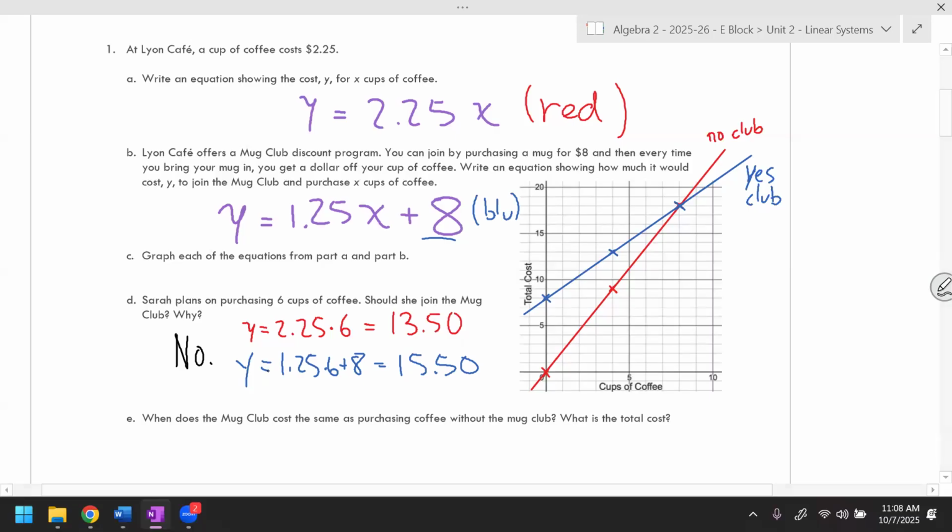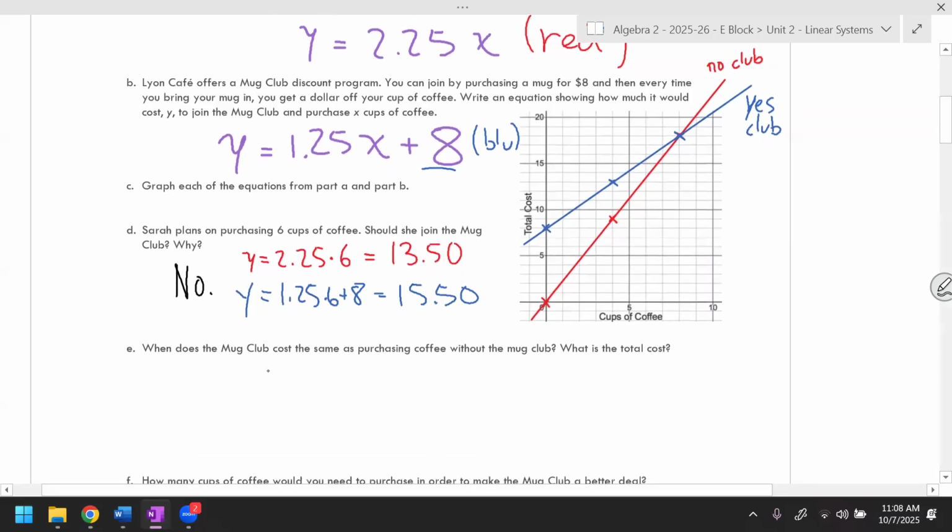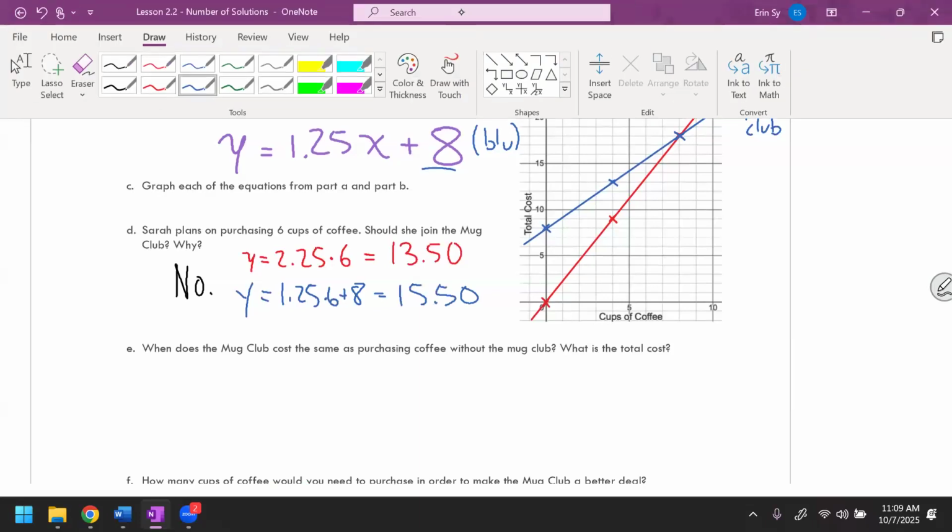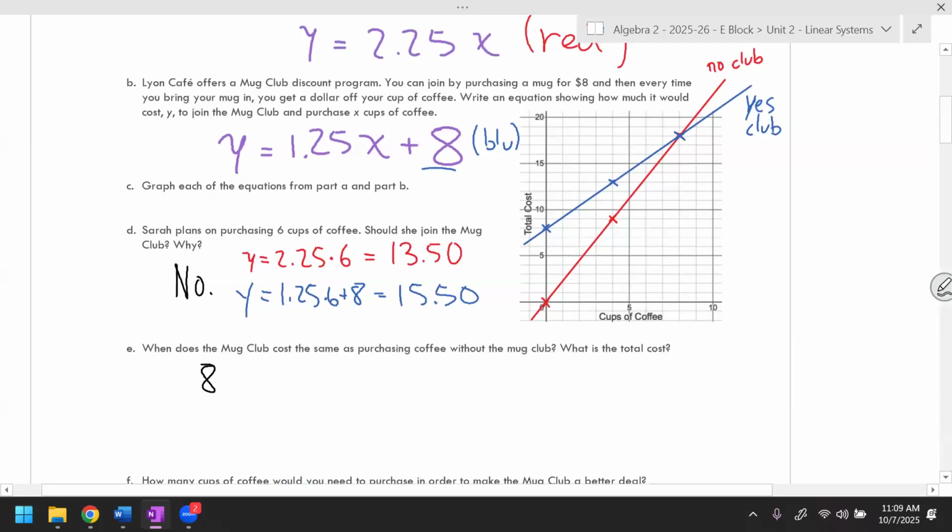You get the mug. Can you see on the graph, and also just tell from the information, what's the break-even point? What point is it actually the same? Yeah, $18 for 8 cups of coffee. Very good. 8 cups for $18.